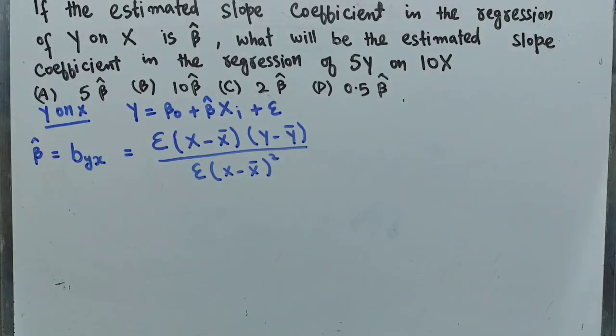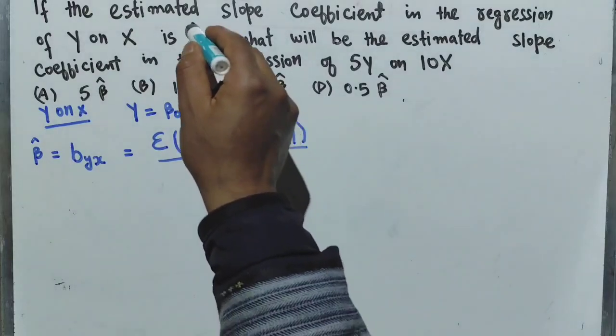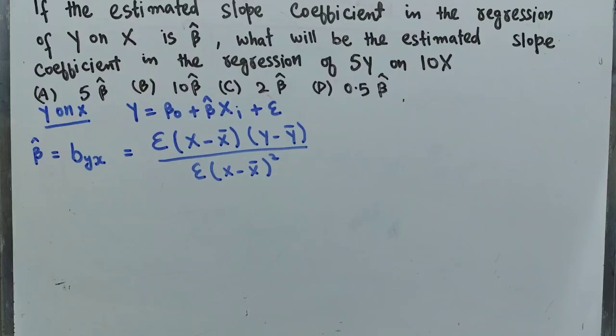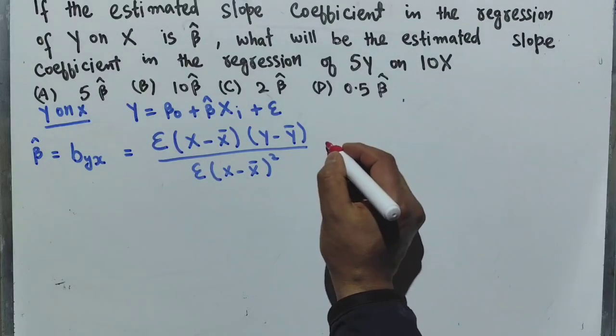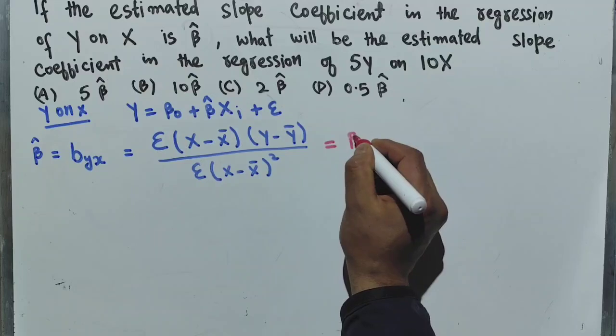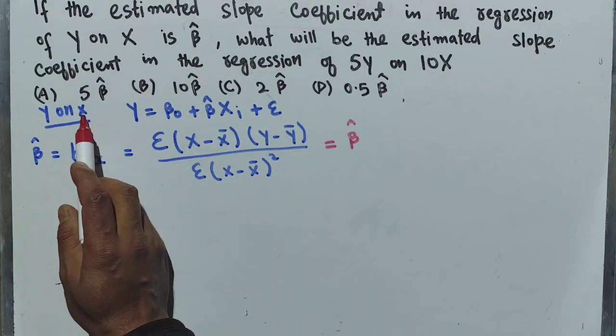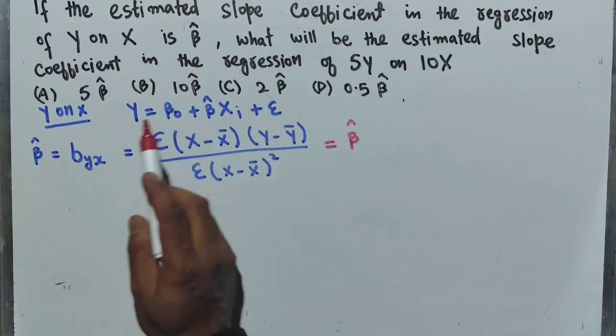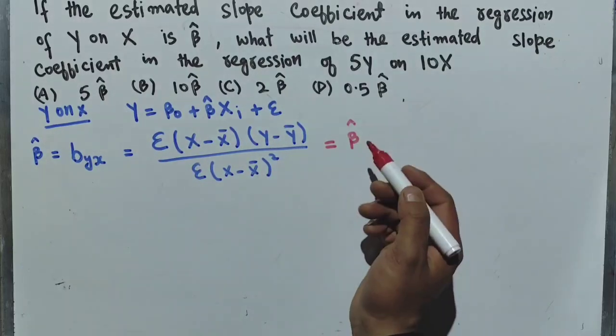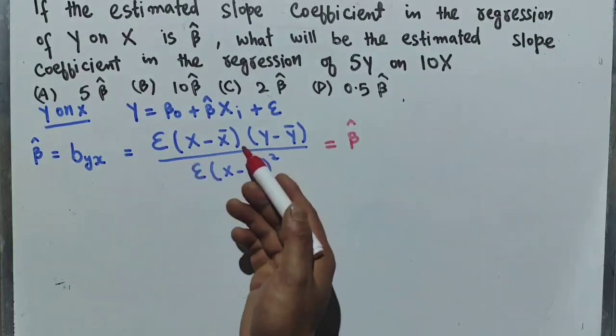We are told that the slope is equal to beta hat initially. This whole expression is equal to beta hat, that is y on x. For the equation of y on x, the slope is given by beta hat. So you know the things here.